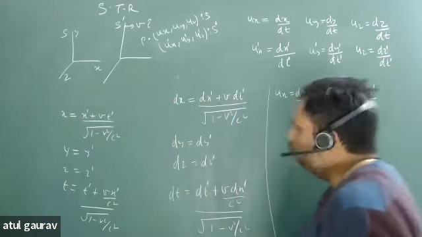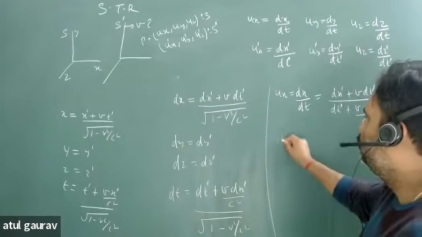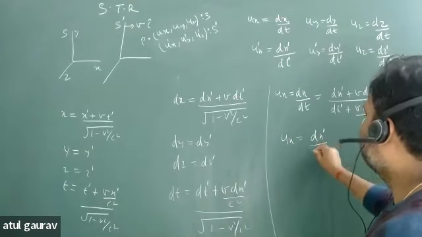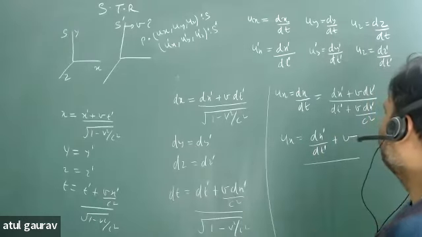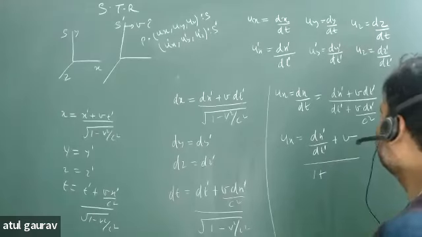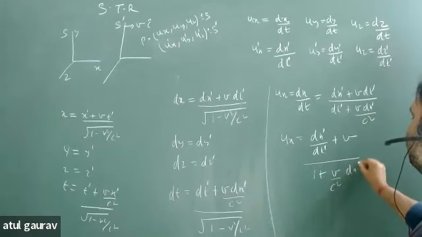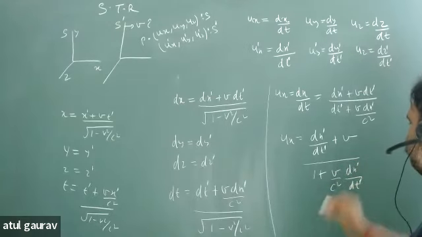And now what we can do? We can just divide dt dash in the numerator as well as the denominator. So what will happen to ux? ux is equal to dx dash upon dt dash plus v, over 1 plus v upon c square times dx dash upon dt dash.